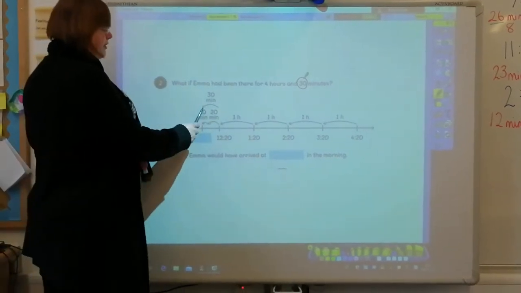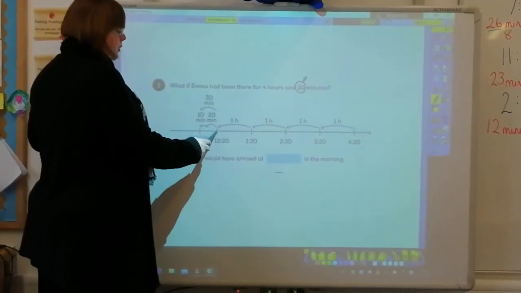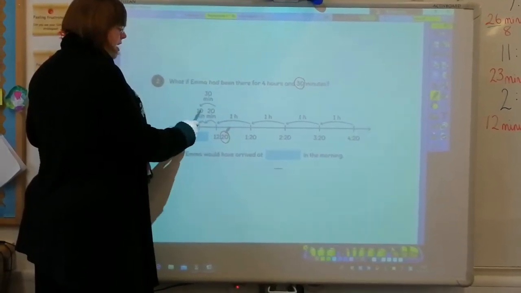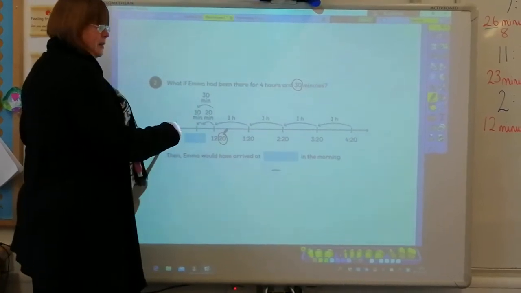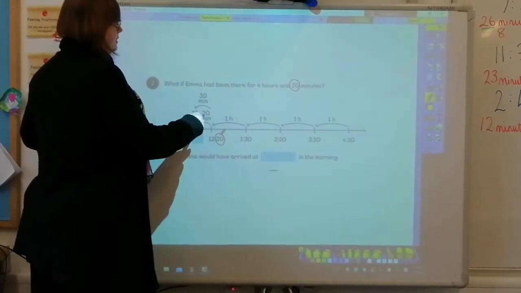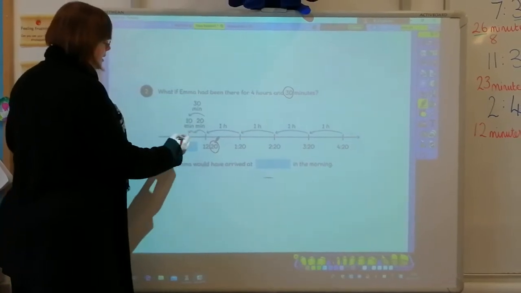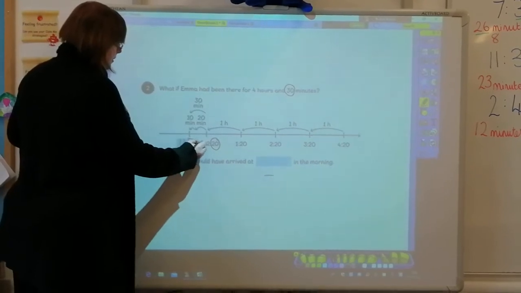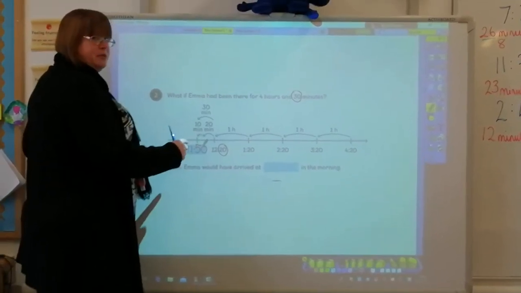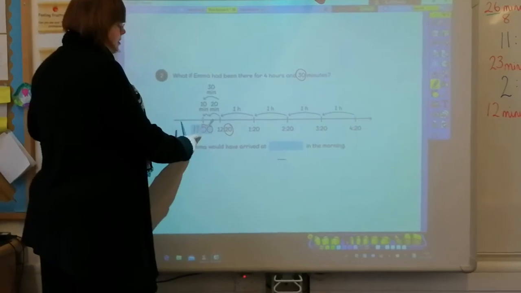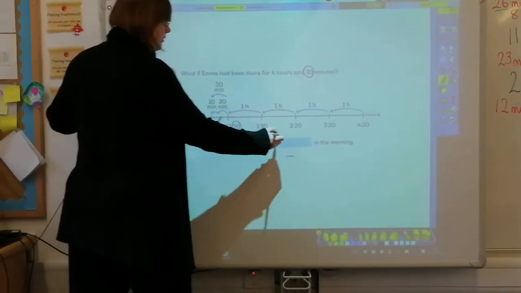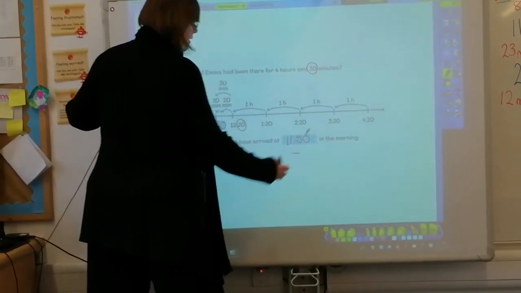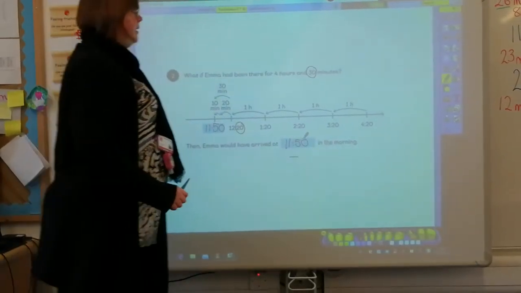You could take off half an hour, or take off the 20 minutes and then an extra 10 minutes, which might make it a little bit easier. So 12:20, take away the 20 minutes, 12 o'clock, take away the 10 makes 11:50, because 60, which is how many minutes we've got in an hour, take away 10 makes 50. So Emma would have arrived at 11:50 in the morning if she'd been there for 4.5 hours.